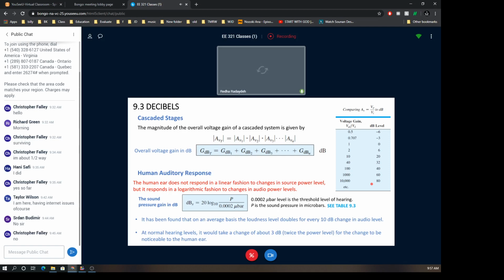The human response to sound is not linear, it follows a logarithmic scale. There is a very good table, table 93. If you would like to learn more about this, please go through table 93 in the textbook.